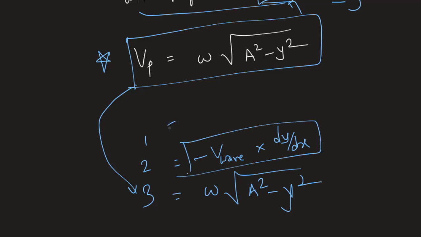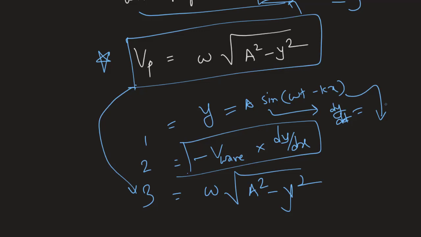And initially we saw that whenever we have the equation y equals a sine(omega t minus kx), we differentiate y with respect to time, and whatever we get is the equation of velocity. So there are three ways in which you can calculate the velocity of the particle. Thanks for watching.